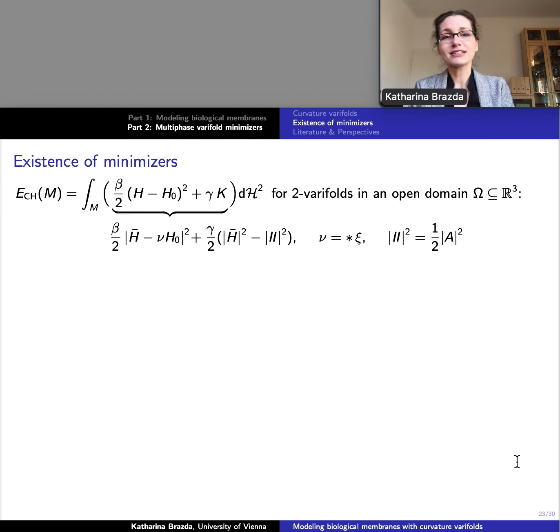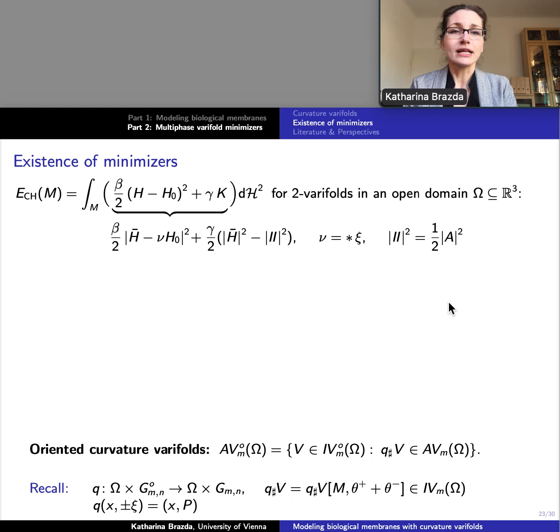The first task is to formulate the Canham-Helfrich energy in this varifold setting. Since we are dealing with surfaces, we of course consider 2-varifolds in an open domain in R3, and we express the Canham-Helfrich integrand in terms of the curvature functions A and the unit normal vector nu.